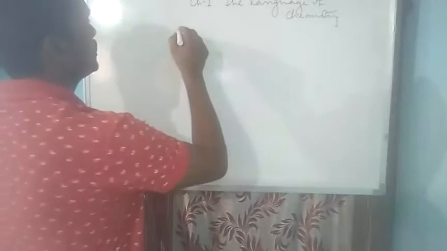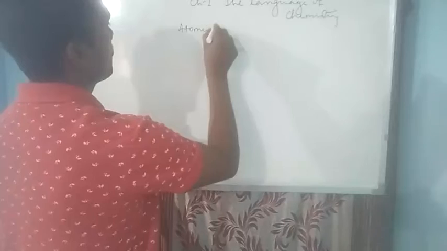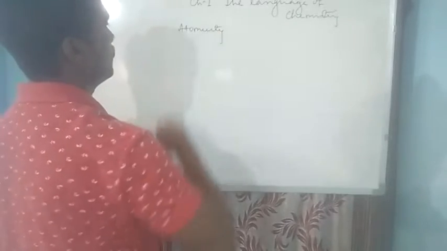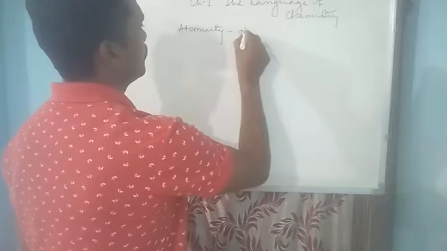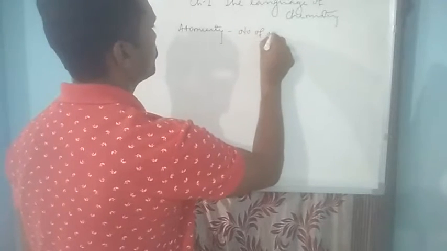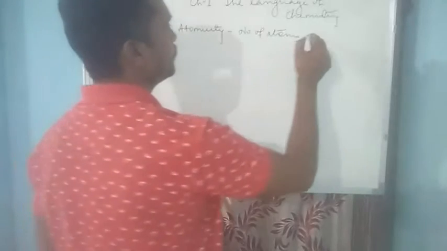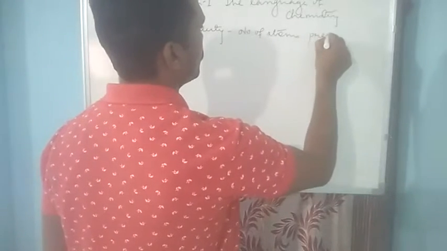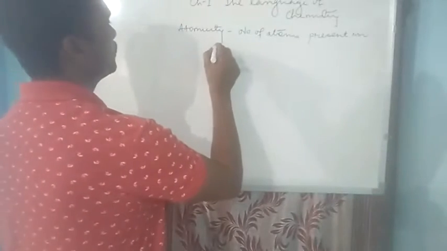Let us see what is atomicity. It is defined as the number of atoms present in one molecule of an element.